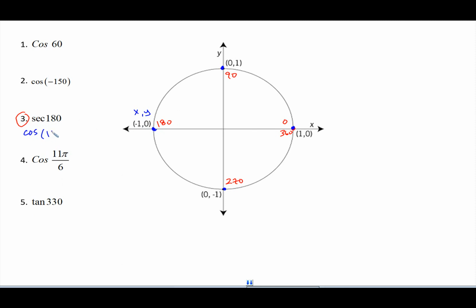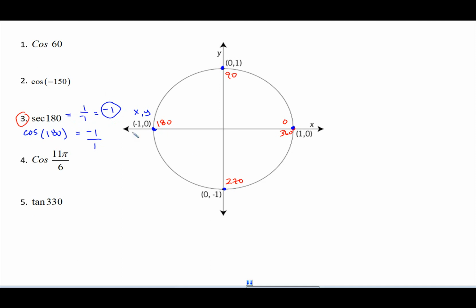Secant is just the reciprocal, so we flip this. Negative 1 is the same thing as negative 1 over 1. If you flip it, that's 1 over negative 1, which is still negative 1. So that's secant 180.